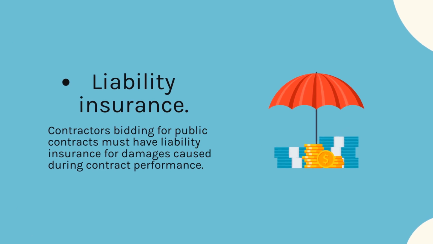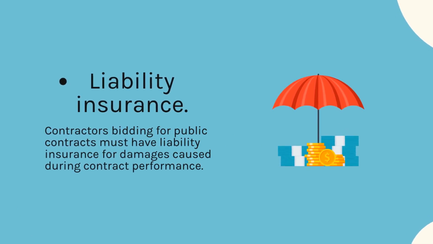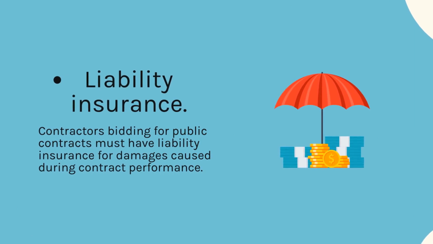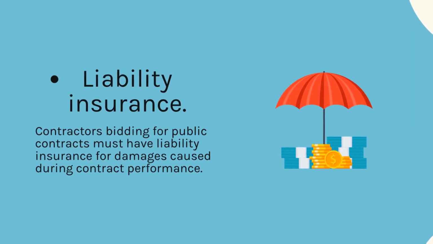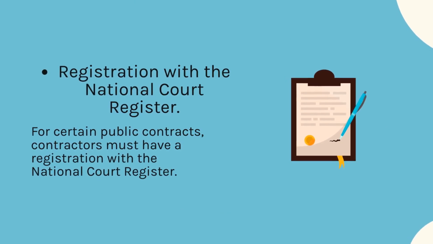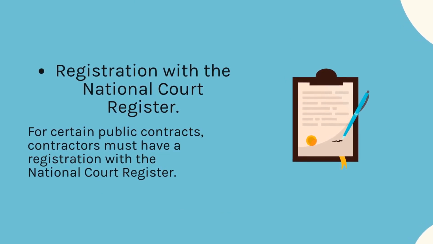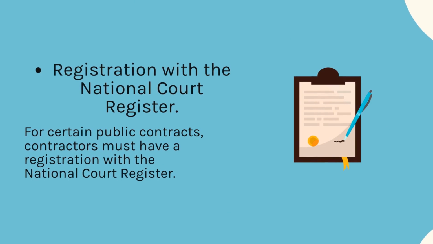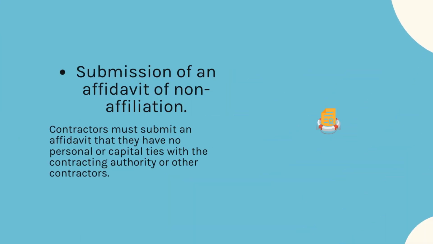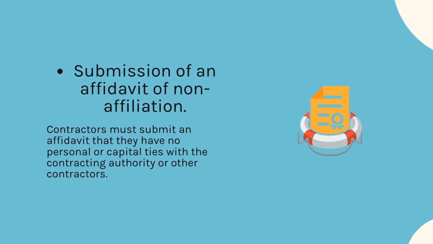Liability insurance. Contractors bidding for public contracts must have liability insurance for damages caused during contract performance. Registration with the National Court Register. For certain public contracts, contractors must have a registration with the National Court Register. Submission of an affidavit of non-affiliation.